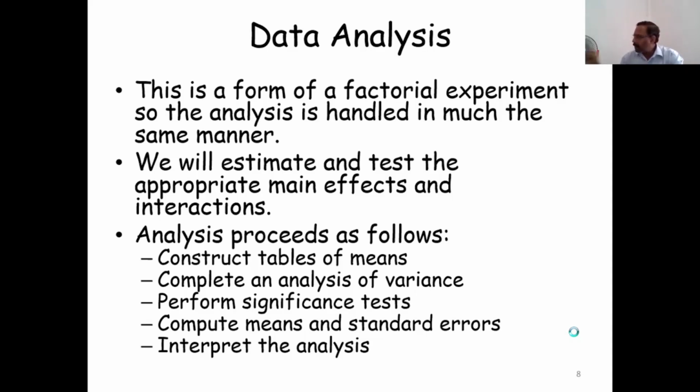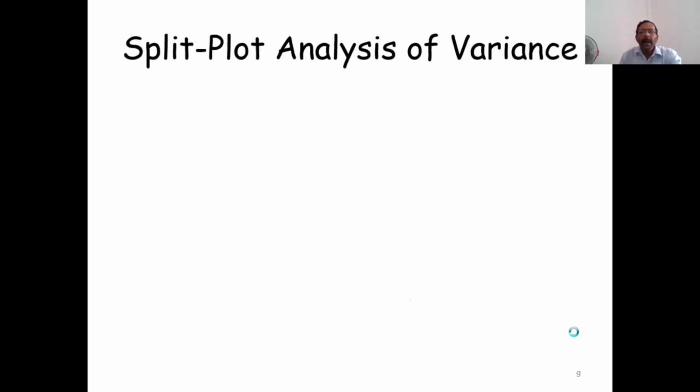First, you construct a table of means if necessary. Otherwise, it is not necessary; follow the same structure, and we can complete an analysis of variance, that is the ANOVA table. Perform the significance test. Then the computing of means will be done by computer, which we will see later, and you have to interpret the analysis.